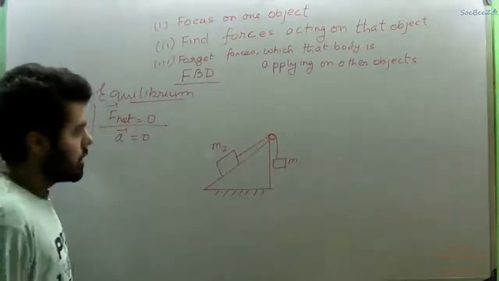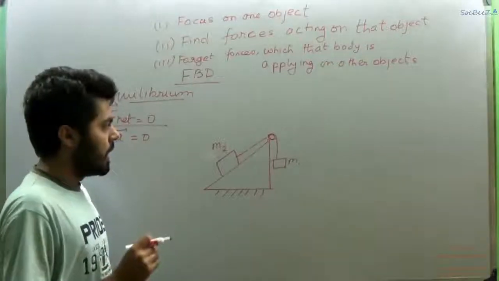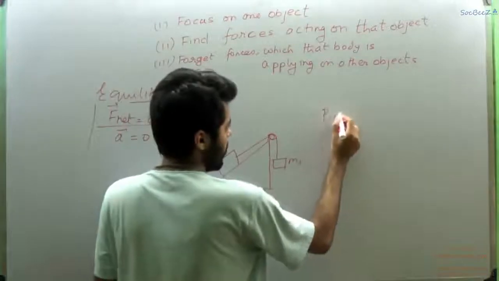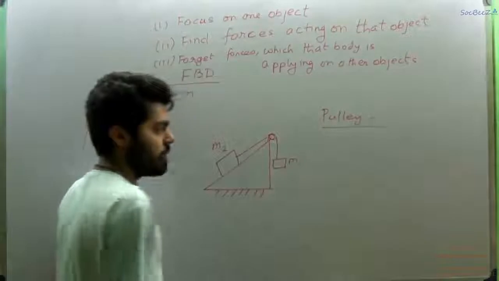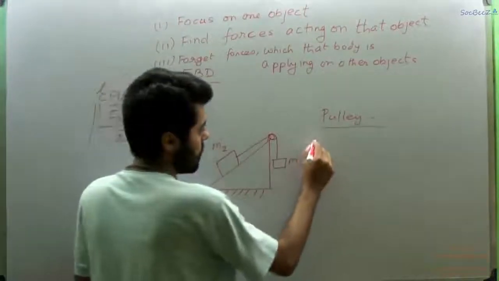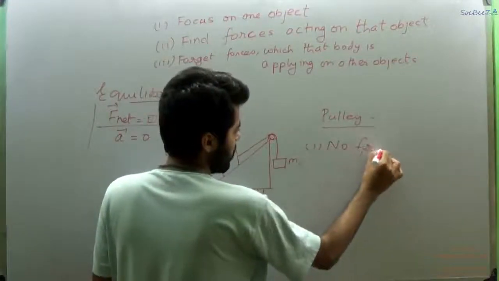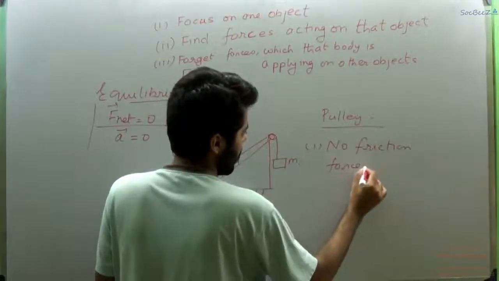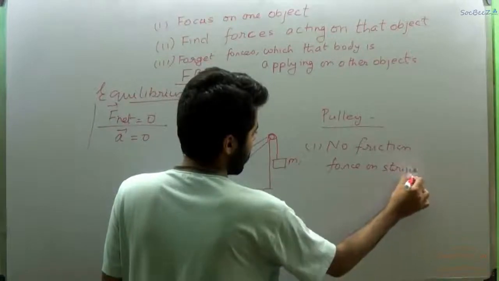Now when there is a pulley, I think I should discuss the properties of the pulley. The pulley which we are considering here, or in most problems if not mentioned, what assumptions do we have to take into consideration? The first one is that the pulley is not going to apply any friction force on the string.